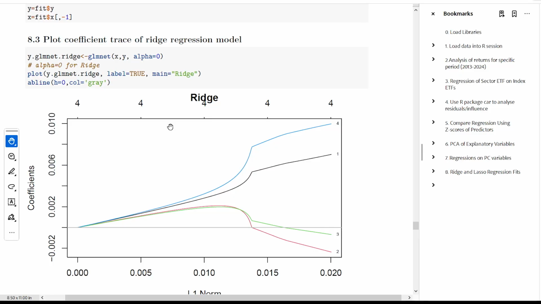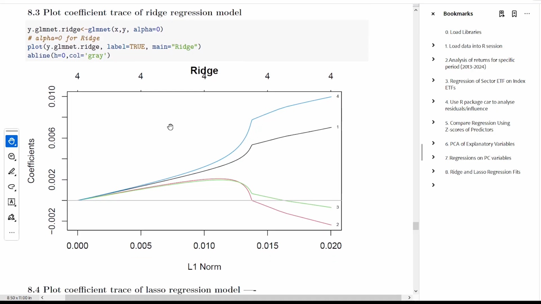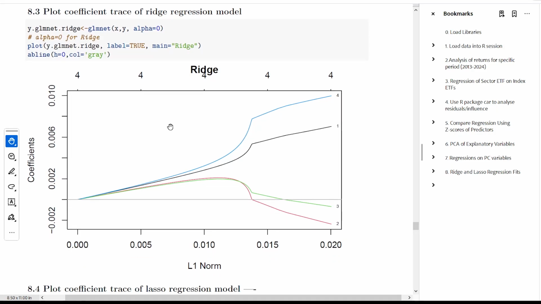And so with the ridge regression results, the display of regression parameters is traced out as we consider different constraints on the L1 or on the L2 norm.